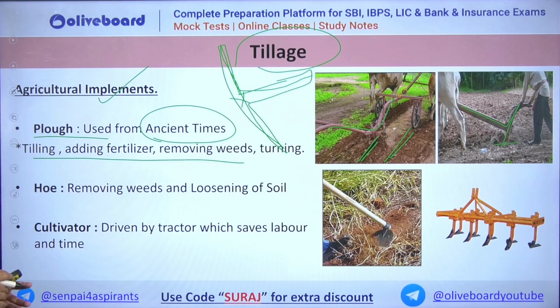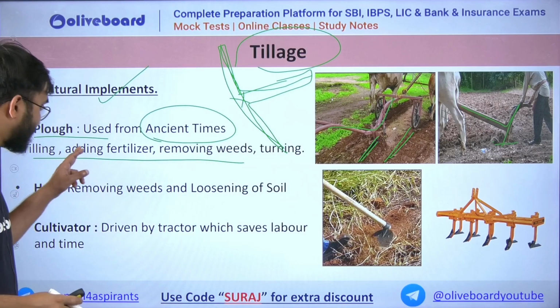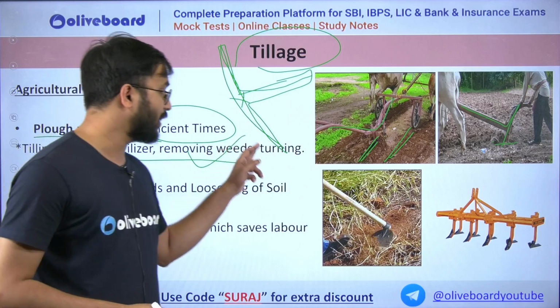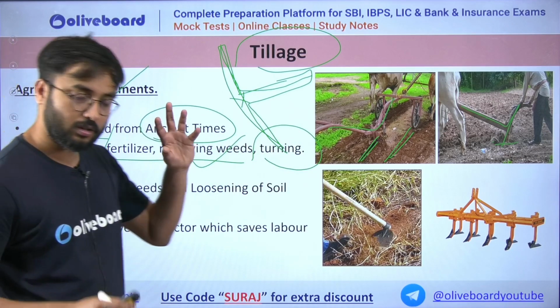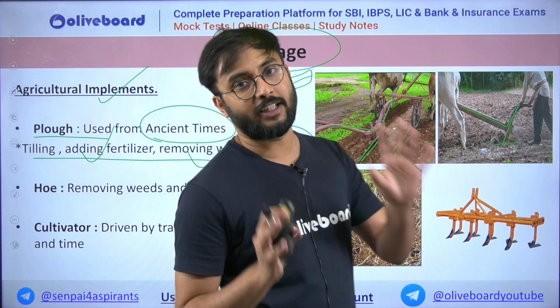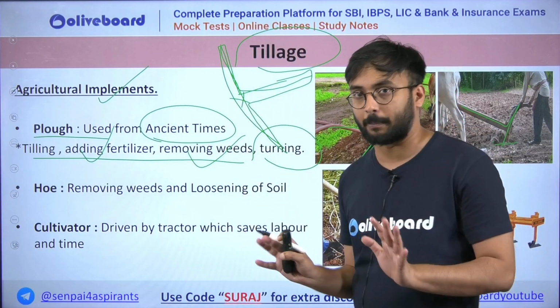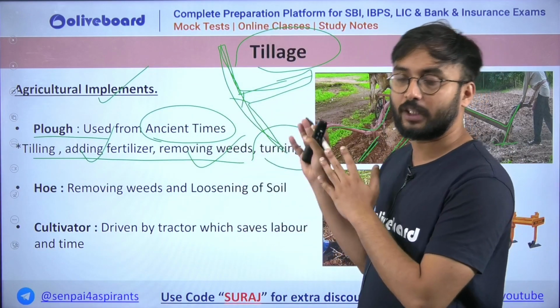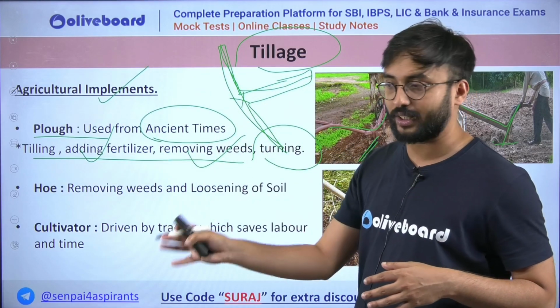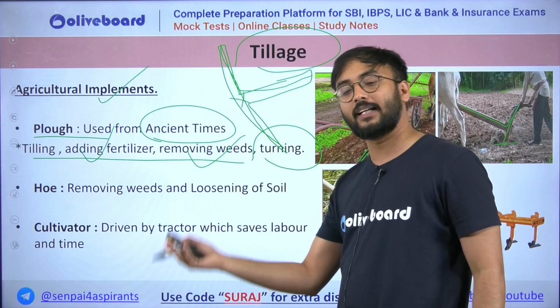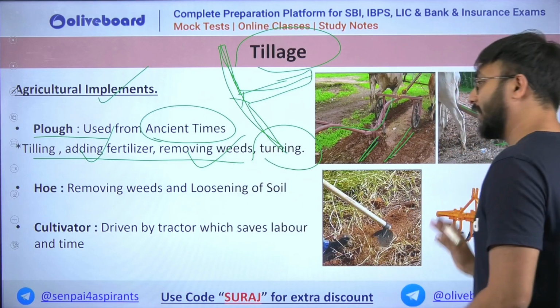This tillage activity is generally done for sowing of seeds, adding fertilizers, removing weeds and even upturning the soil. Generally this primary activity is done only for cultivation purposes, not for conditioning purposes. It is the first activity in which the layers of the soil are broken down; whatever dry soil is there is broken down further into a finer structure.